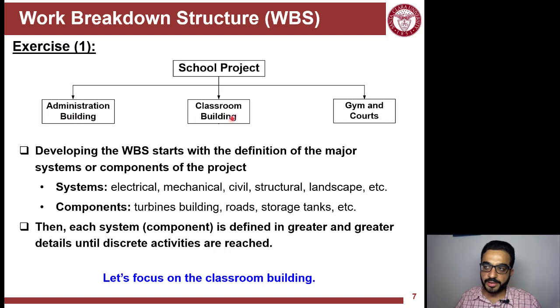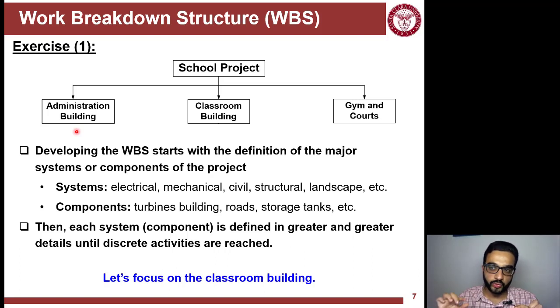And then you start breaking down the WBS, every package here, by systems and by components, until you reach a level of packages where, to define them, you will define them by verbs, or what we call activities or tasks. And this is an indication that this is the level you should stop.